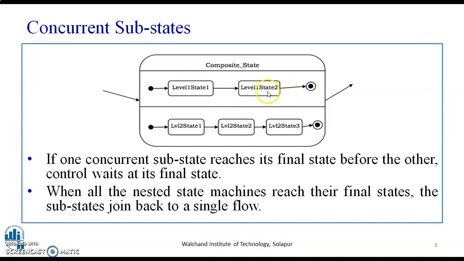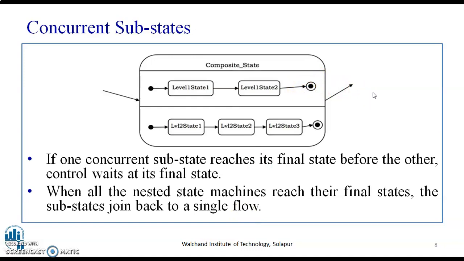So it may be the case that this one stops first. However, when you need to come out from this composite state, all the levels working inside need to be completed. So when all the nested state machines reach their final states, the substate joins back to a single flow. It is not possible that if this is finished, the control goes out.